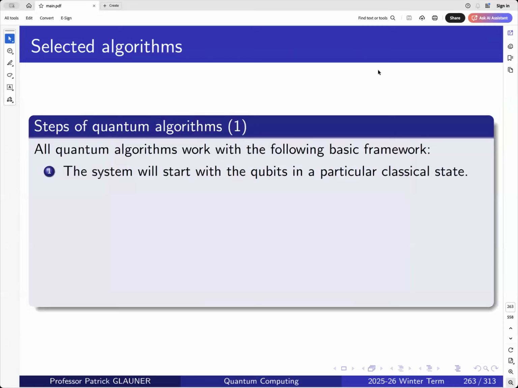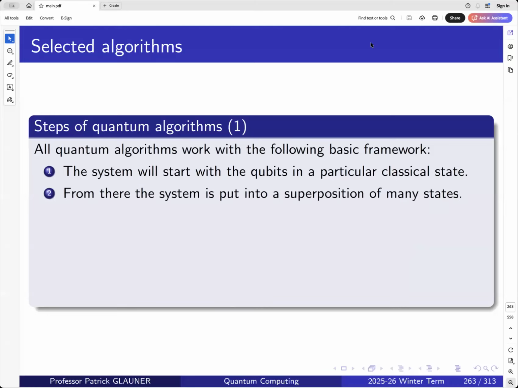And before we look at them, we will see what a lot of them actually have in common. So essentially all quantum algorithms, or most of them, have the following setup. We access the quantum computer from outside, from the classical world. We put some of the qubits as inputs in some particular classical state, 0 or 1.